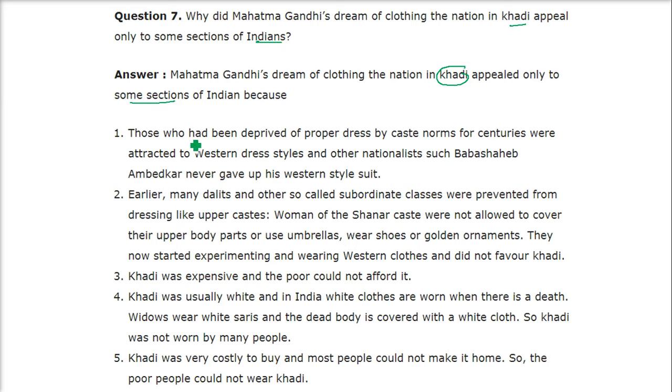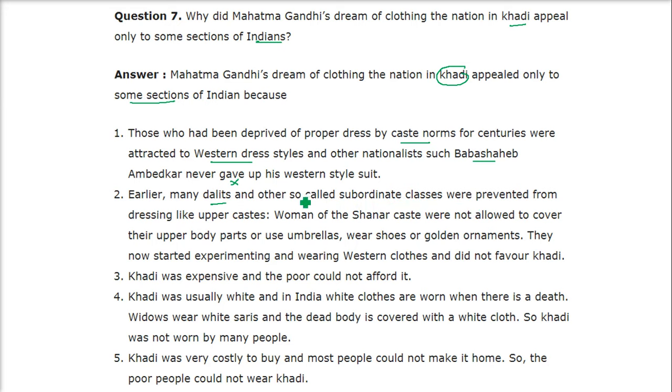Why? Because those who had been deprived of proper dress by caste norms for centuries were attracted to Western dress style. And there were other nationalists like B.R. Ambedkar, Baba Sahib Ambedkar. He never gave up his Western style suit.